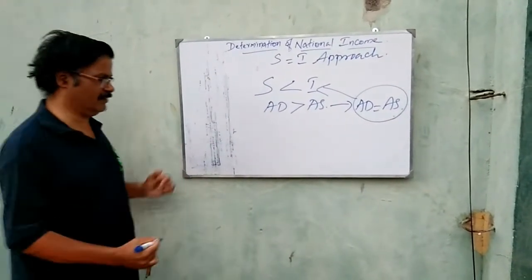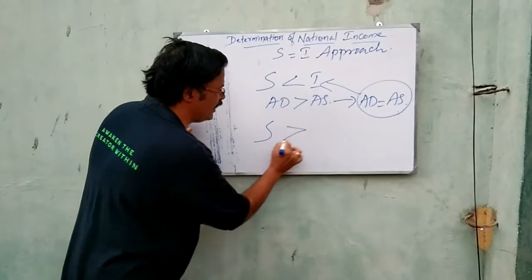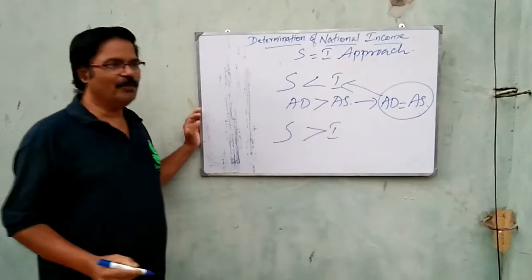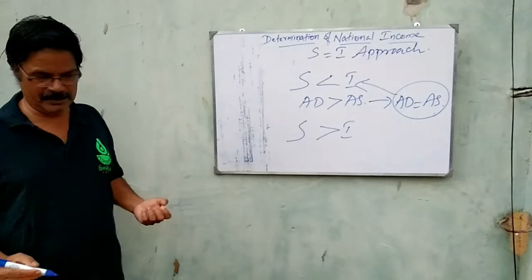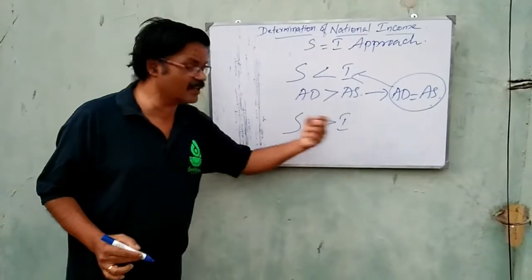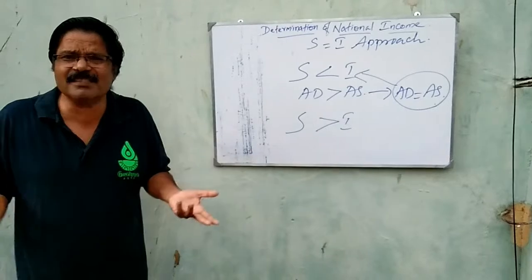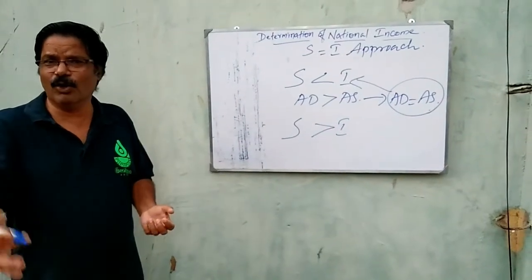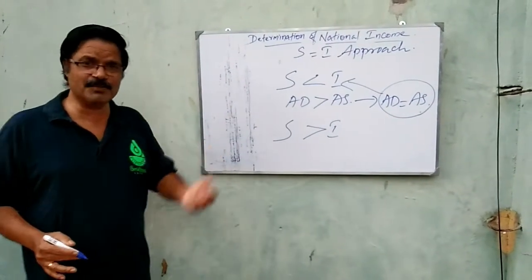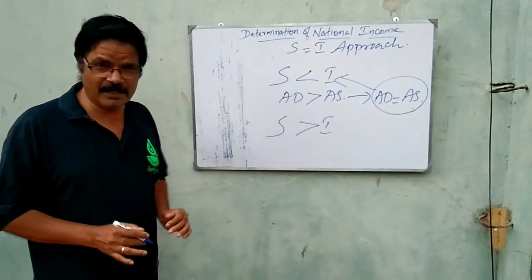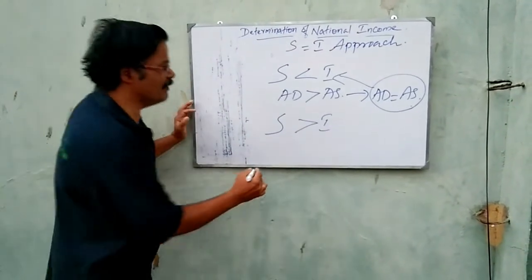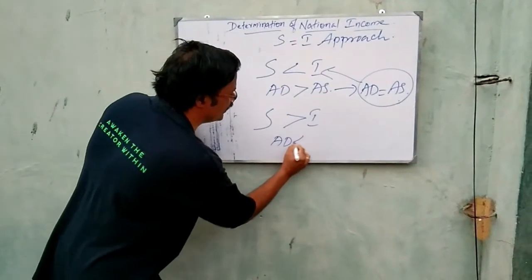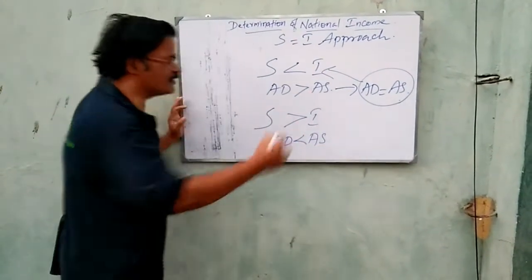Now on the other hand, if saving is greater than investment, beyond 40, I mean 50, 60 and so on, you might have noticed that saving is greater than investment. Higher saving, what does it mean? Lower consumption. When saving is more, consumption will be less. Less consumption indicates lower aggregate demand. So aggregate demand will be less than aggregate supply.